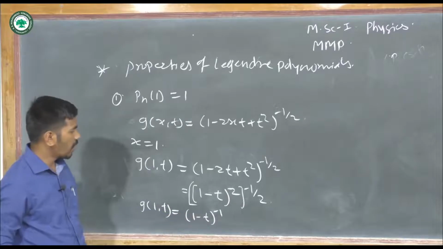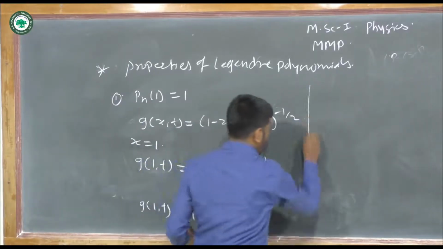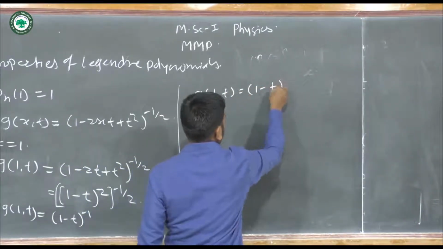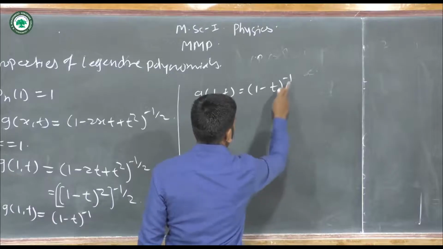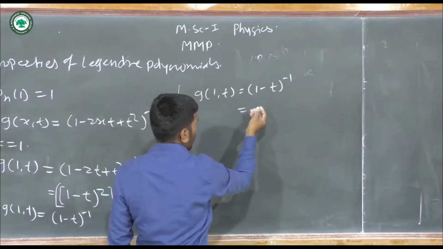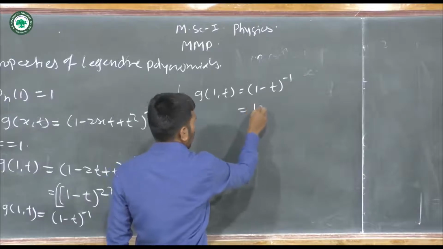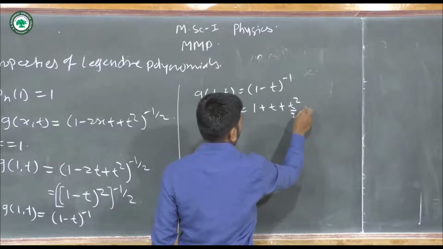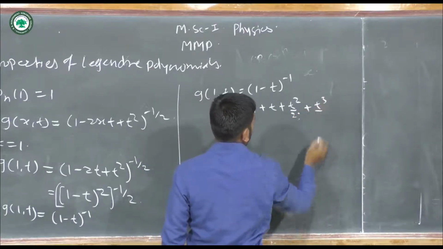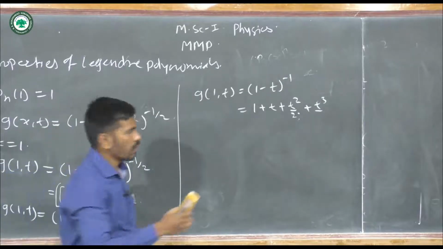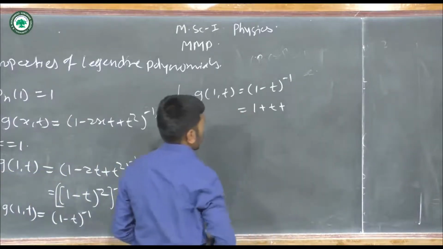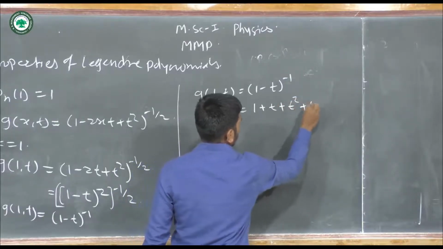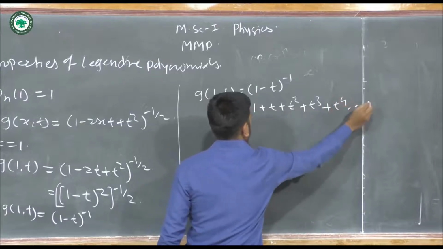Now by using the binomial expansion, g(1, t) is equal to (1 minus t) power minus 1, which expands to 1 plus t plus t square plus t cube plus t power 4 and so on.